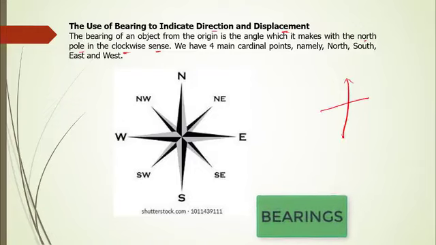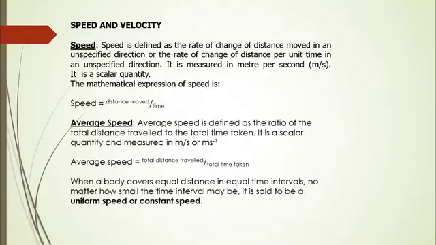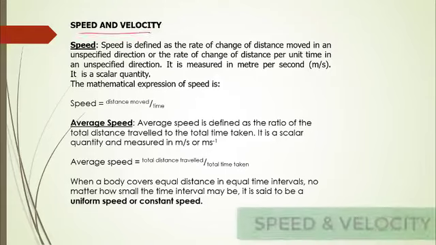The one pointing in this direction is called the north. This is the east, this is the west, and this is the south. In between, we have the northwest direction, northeast, southwest, and southeast. So we use all these cardinal points to show direction and displacement in space. How about speed and velocity?